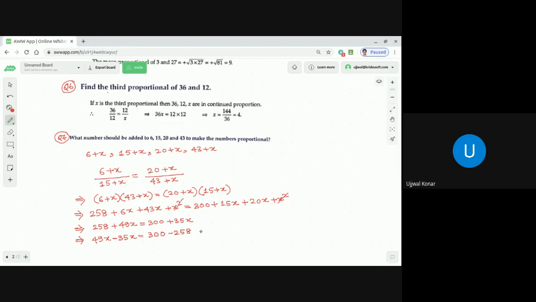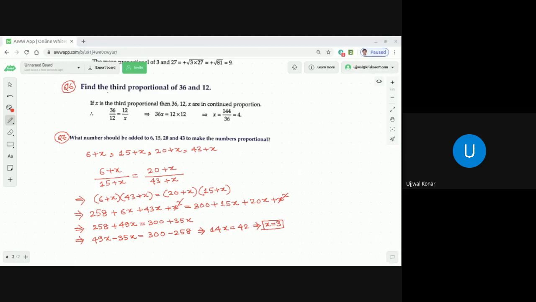So that means 14x is equal to 42. That implies x is equal to 3.